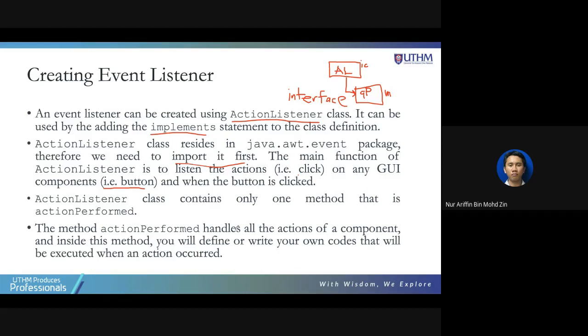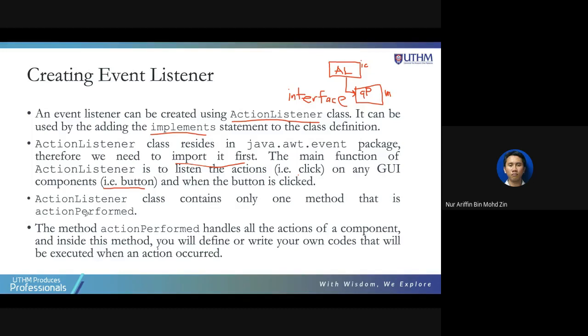The method actionPerformed handles all the actions of a component, and inside this method, you will define or write your own code that will be executed when an action occurs. This is a predefined method, which means that it already exists within this ActionListener class.